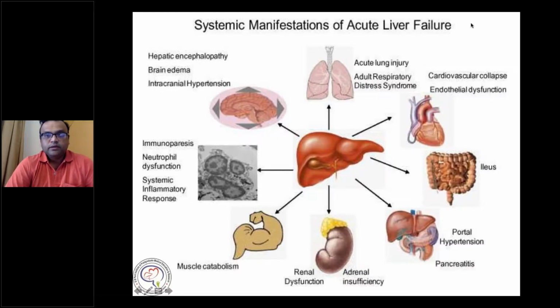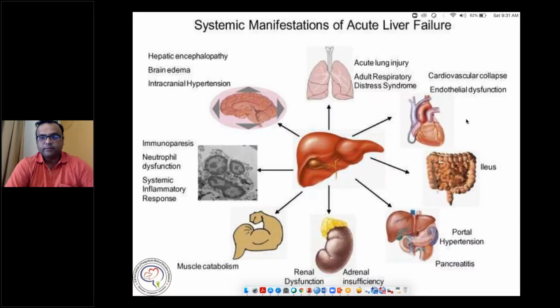It can also involve the kidneys, leading to renal failure and adrenal insufficiency. Rarely it causes portal hypertension and pancreatitis. Cardiovascular collapse or endothelial dysfunction is also known. And systemic inflammation also involves the gut, whereby it leads to ileus.